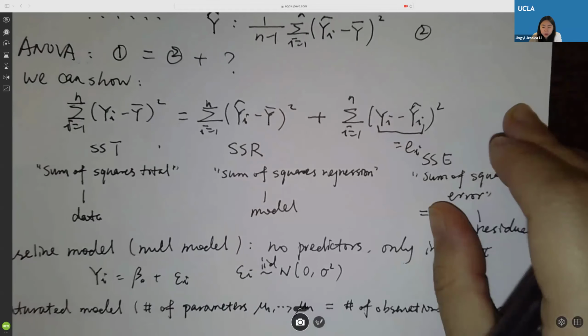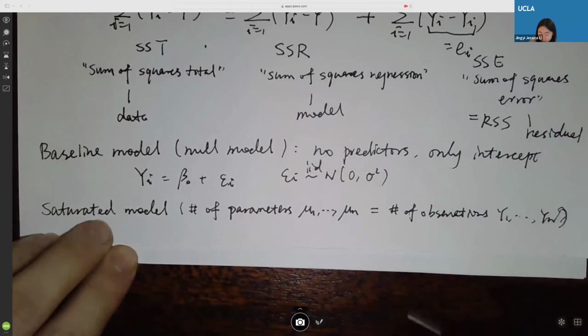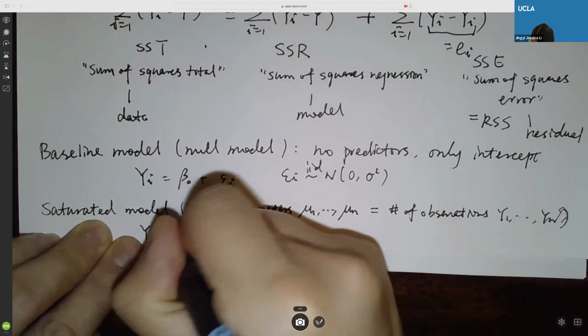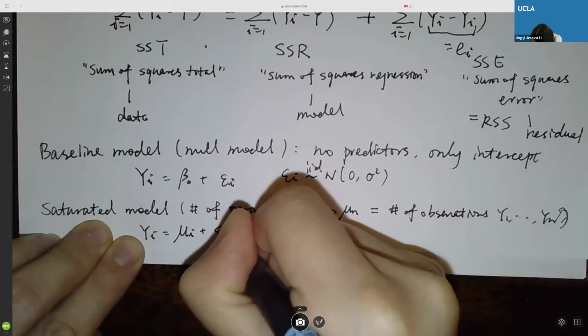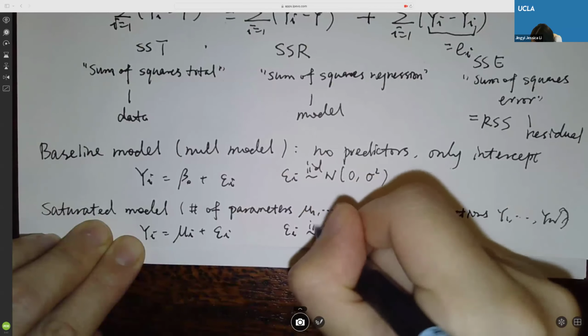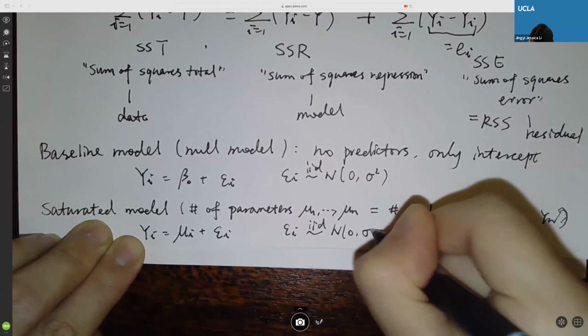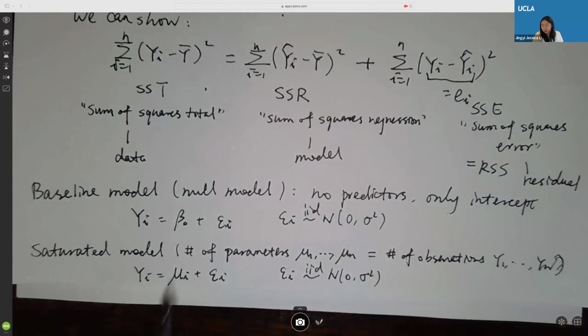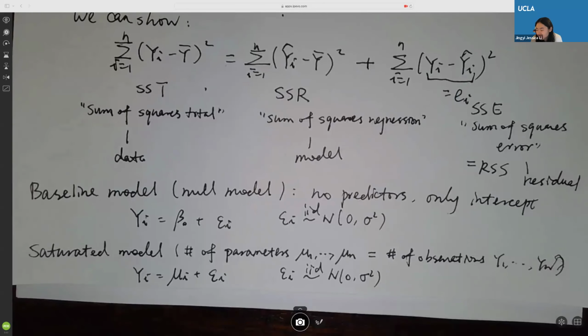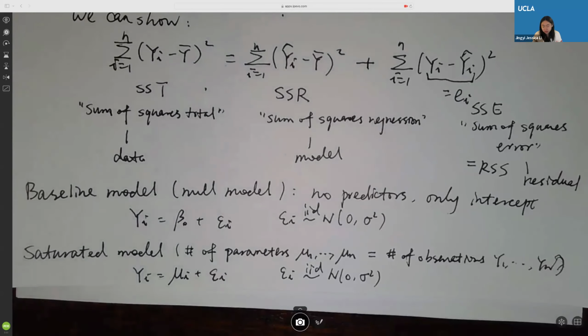We can write it as yi equals mu i plus epsilon i. Here each yi has its own mu i. As I go from 1 to n, the yi's are independent of each other because of the randomness, but what I'm trying to say is that the yi's can have very different meanings. In other words, their mu i's have no relationship.